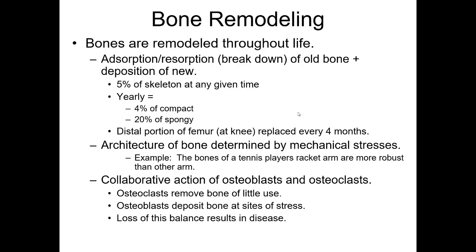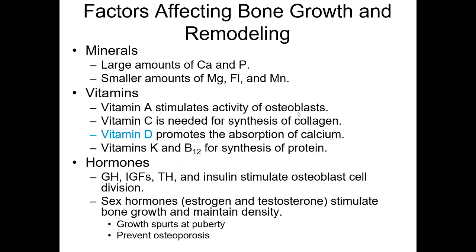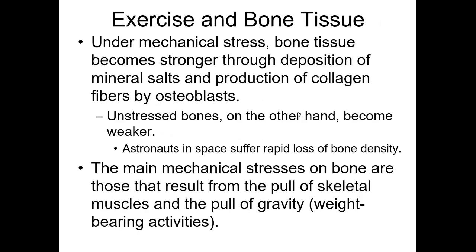When we talk about hormones, sex hormones such as estrogen and testosterone, growth hormones, thyroid hormones, and insulin also play a role in osteoblast and osteoclast activity as well, and in prevention of osteoporosis. So we're going to talk more about that in part 2 of this lecture.